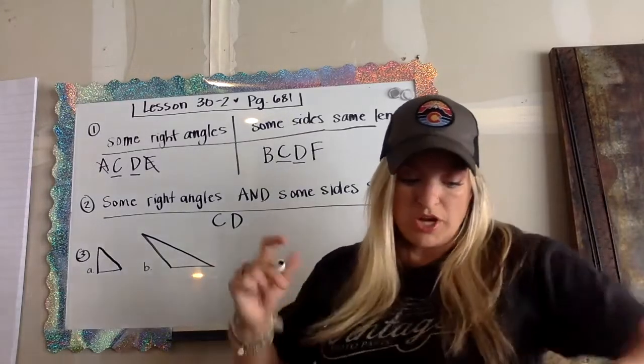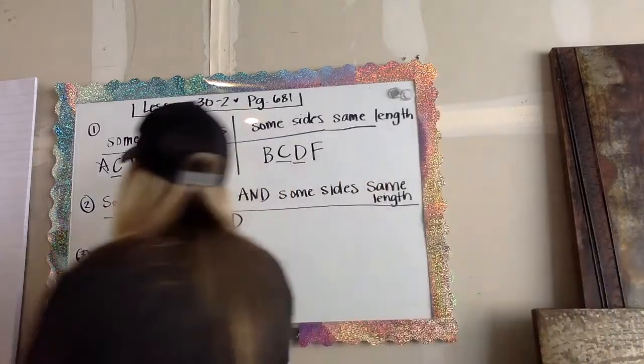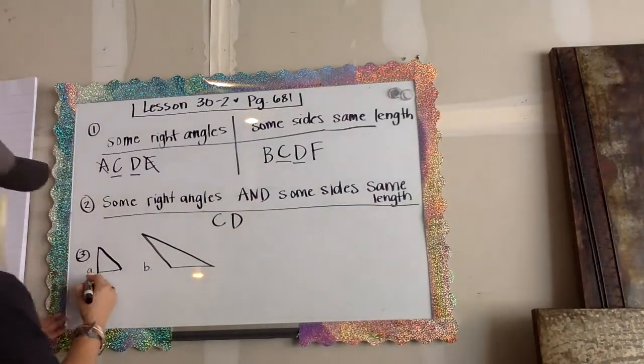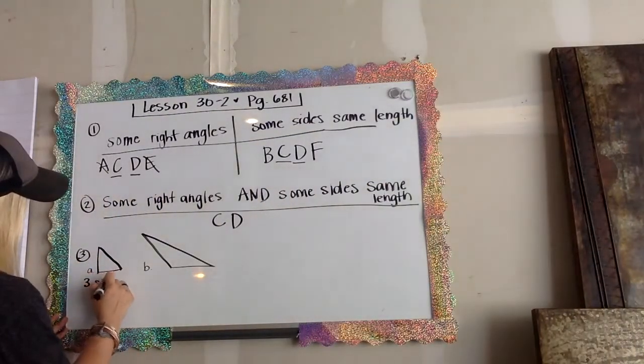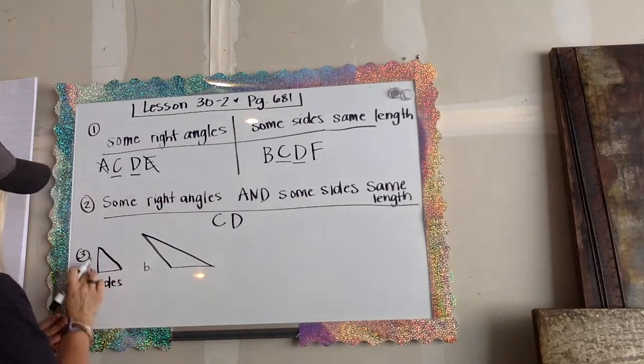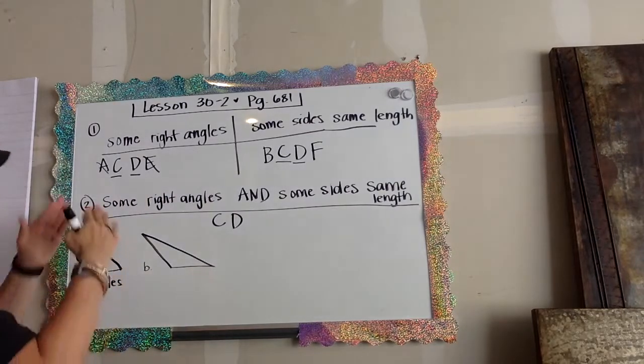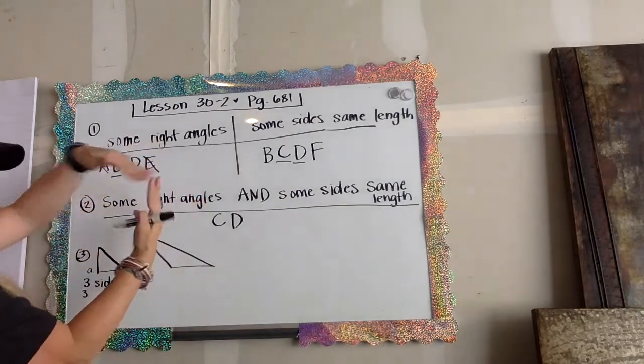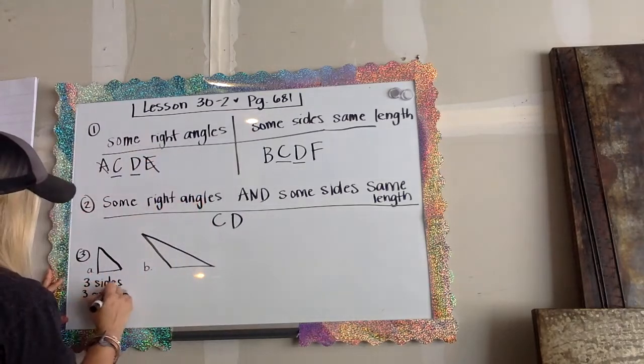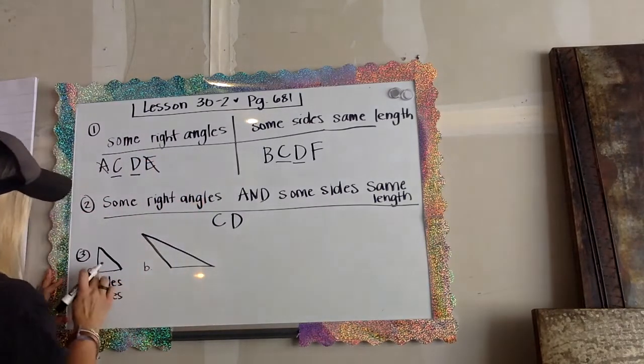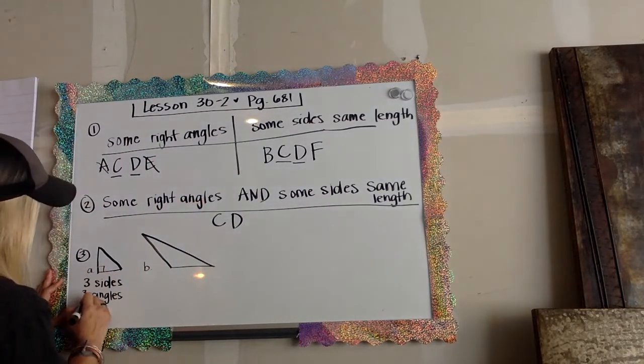Well, letter A has 1, 2, 3 sides. It also has 1, 2, 3 angles. Remember, the angles are where those sides connect. So it has 3 angles. It also has a right angle.